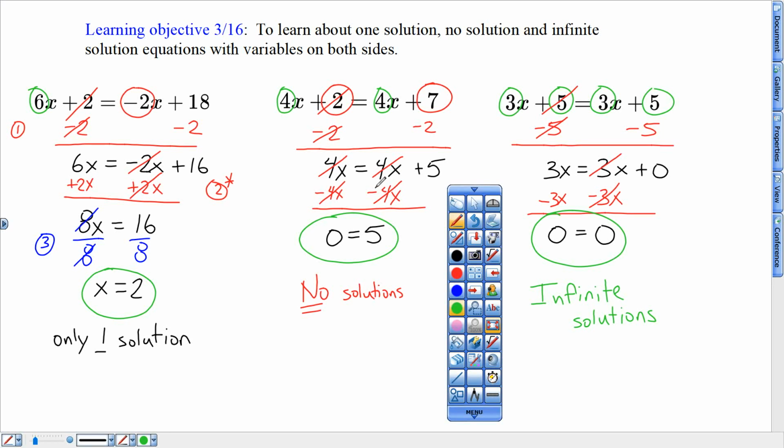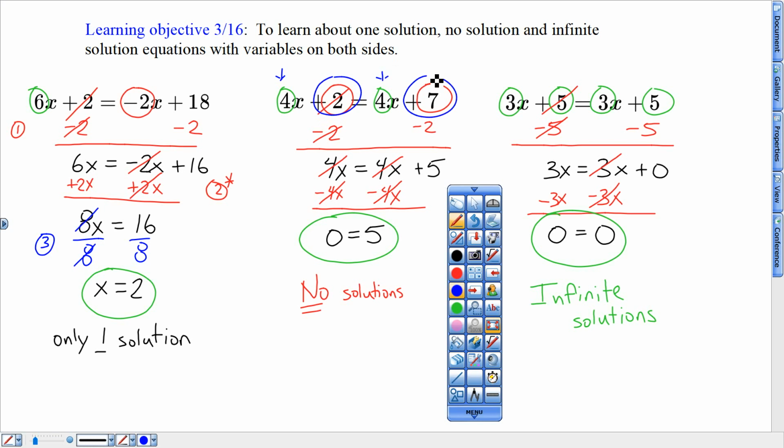So again, this concept here of solving variables on both sides equations, and sometimes weird things happening, and then starting to recognize what parts that you have. So again, we're looking at one solution, no solution, infinite many, being able to solve variables on both sides equations, doing step by step, and then being able to recognize that no solution ones always have the same number in front of x, but a different y-intercept.